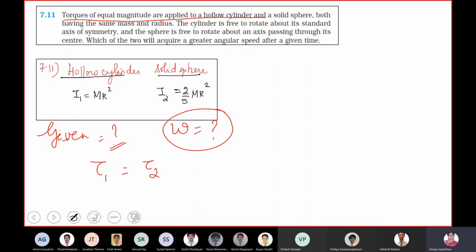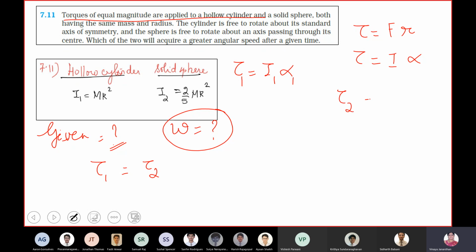There are two formulas for torque. What are the formulas, boys? Torque is equal to force into perpendicular distance. Tau is also equal to I alpha. So first find alpha, then we'll go for omega. For the hollow cylinder, tau 1 will be equal to I1 alpha 1.